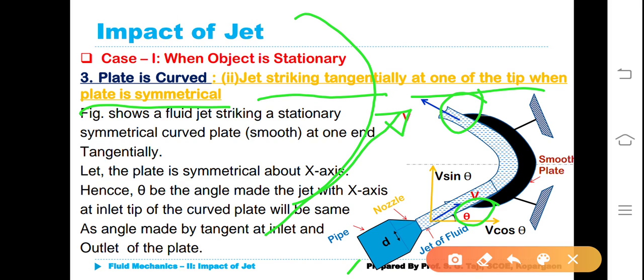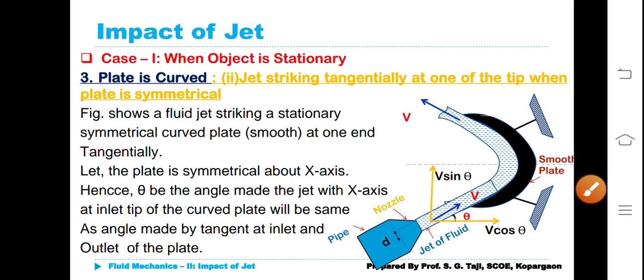Here, the bottom tip is considered. Figure shows a fluid jet striking a stationary symmetrical curved plate which is smooth. Every time we will assume it is smooth. Therefore, there will not be any friction.